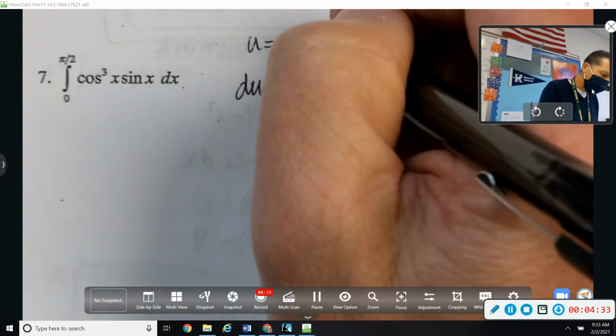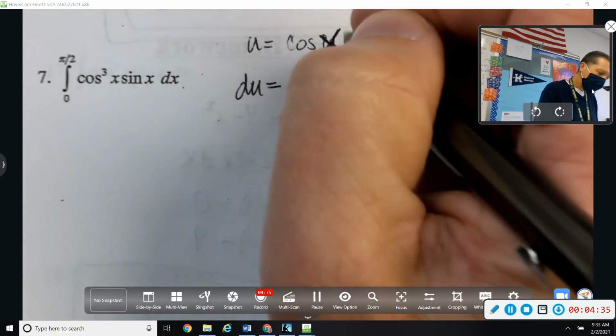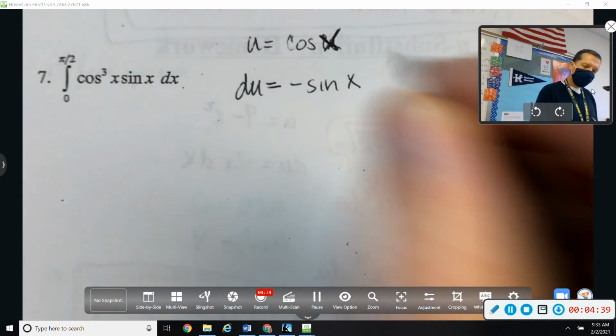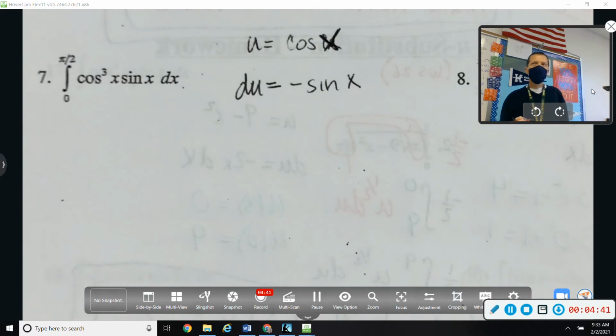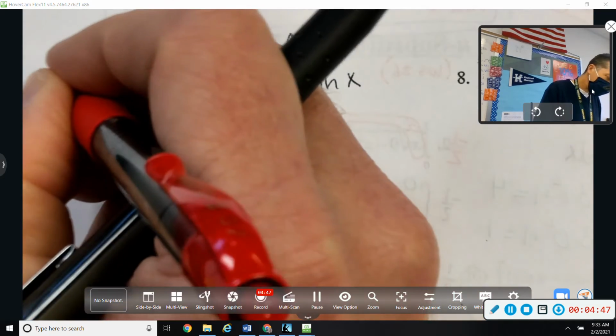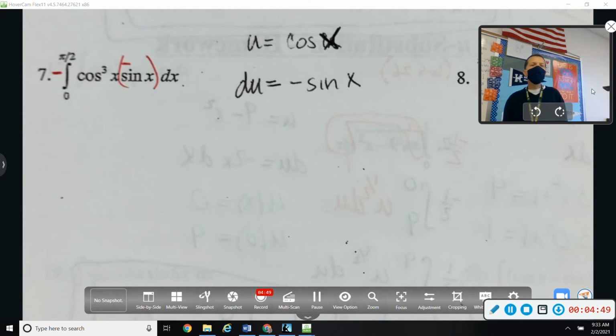Whoops, not cosine of u, cosine of x. So du would be negative sine of x. Yeah, derivative of cosine is negative sine. So I need a negative on that sine. So small price to pay.